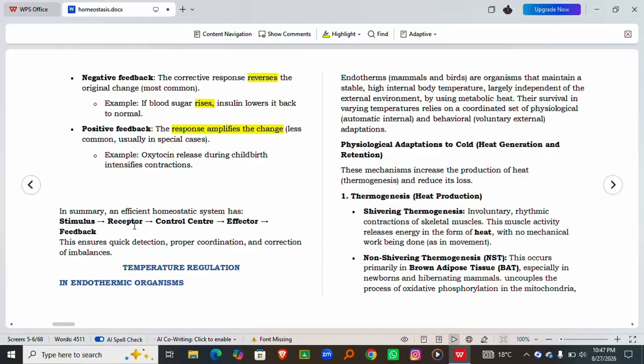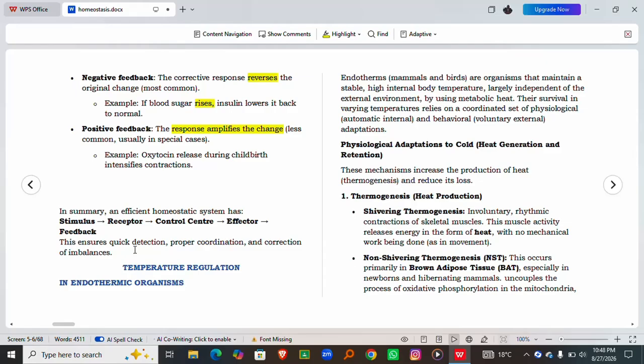The effector organs carry out feedback mechanisms, the responses that reverse what caused the change, and a normal set point is acquired, resulting in that balance, that homeostatic control that we have been talking about. One such example of homeostatic control is temperature regulation. So in today's lesson, we're going to focus on temperature regulation.